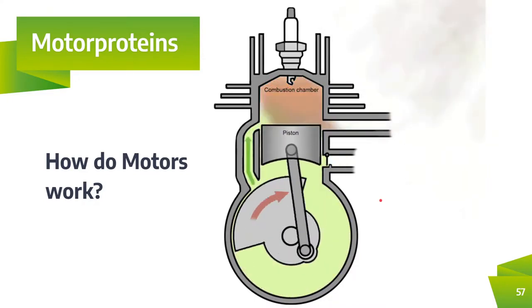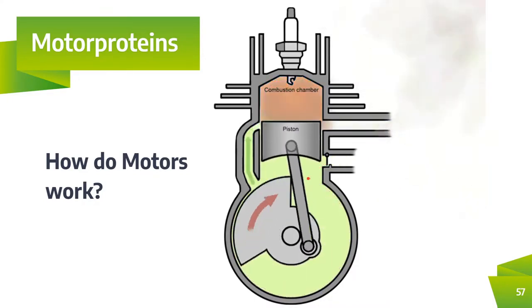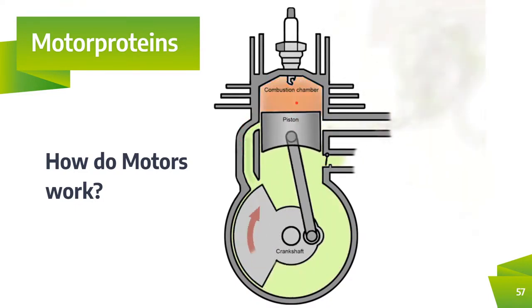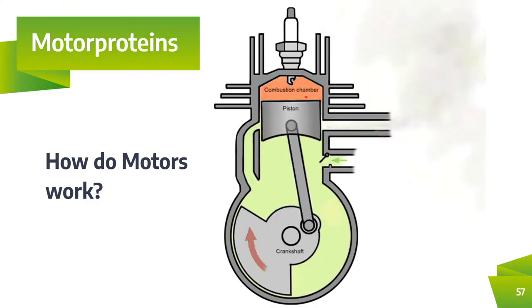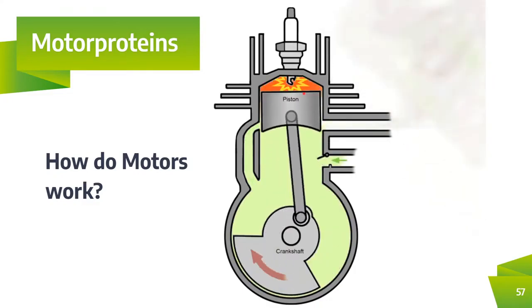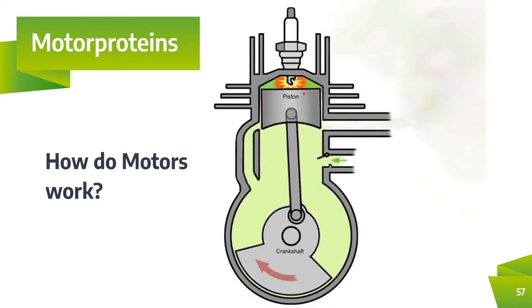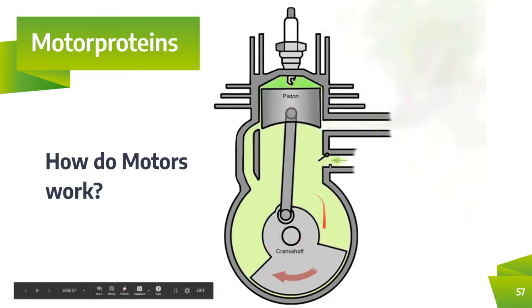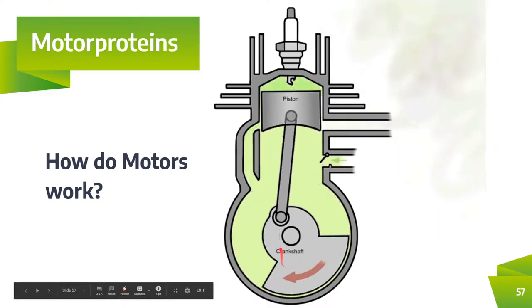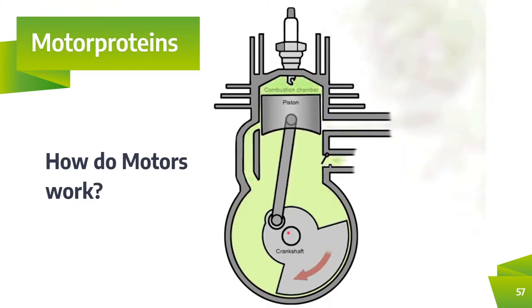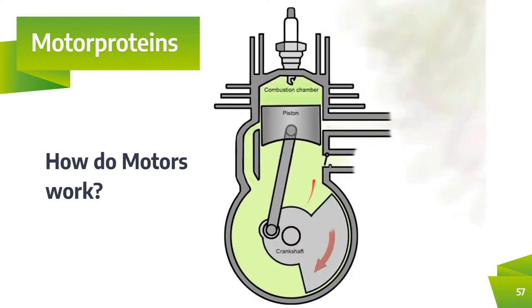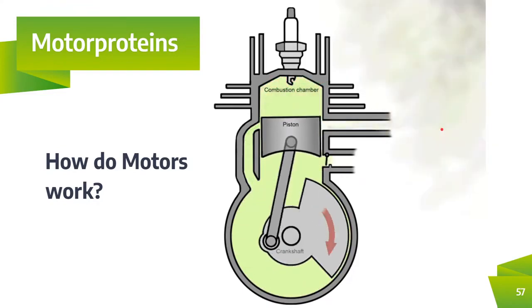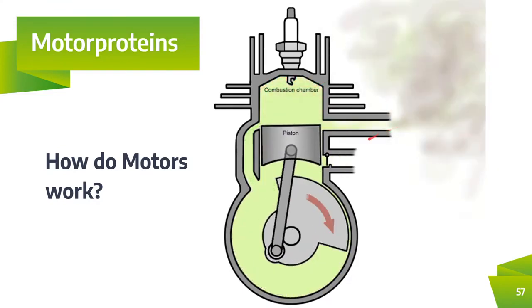Gasoline is then moved in a combustion chamber, is ignited, turns into gas with a small controlled explosion, and the expansion from this energy release then pushes the piston down, which turns the crankshaft, which then turns the wheels. And the rest, the fume, is released through the exhaust. Right. So this is how a motor works.